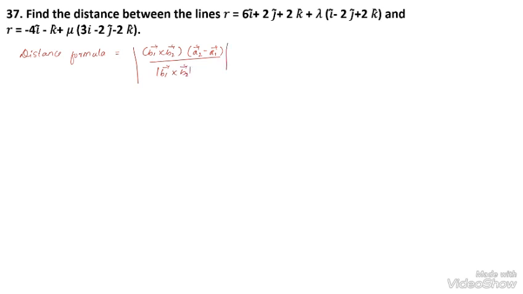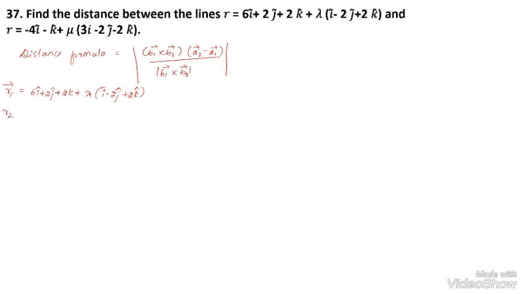Here I can take the first line as r1, that is equal to 6i plus 2j plus 2k plus lambda into (i minus 2j plus 2k).